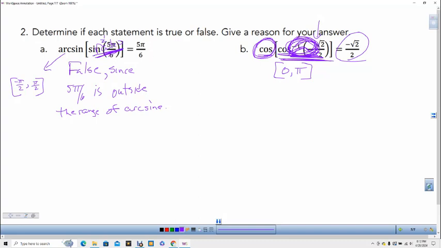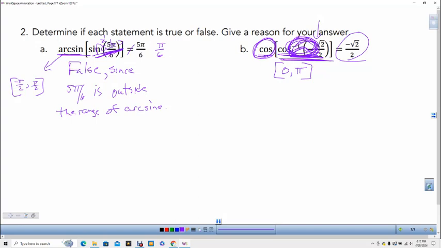We're looking for the arc sine of 1/2, and it's going to be pi over 6. It's not going to be 5 pi over 6 because of the limitations that we're putting on arc sine and arc cosine and arc tangent. They are limited in what angles they can give back. 5 pi over 6 is not in that limitation.